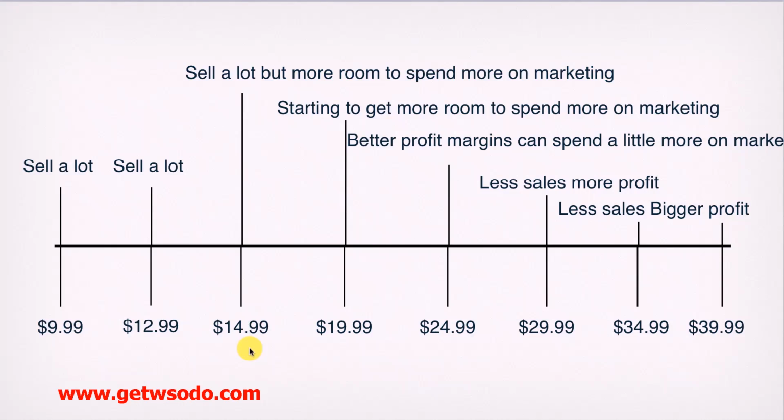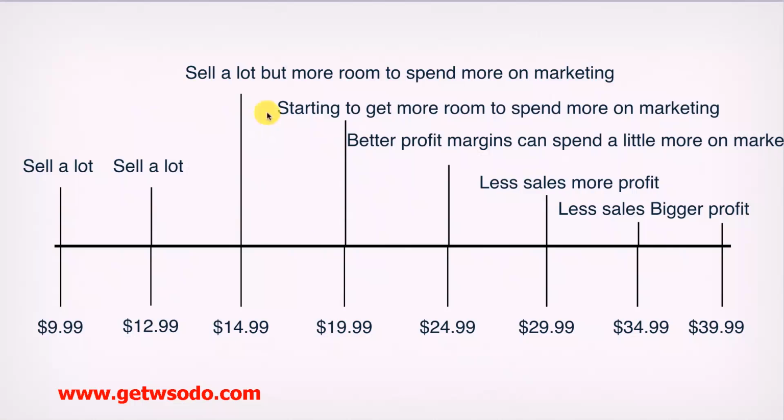You have more room for advertising, so you can test a little bit more. You can let your adverts run a little bit longer, stretch them out to see if they're going to work. That's when you don't have to sell as much once a quite a lot of sales start coming in.